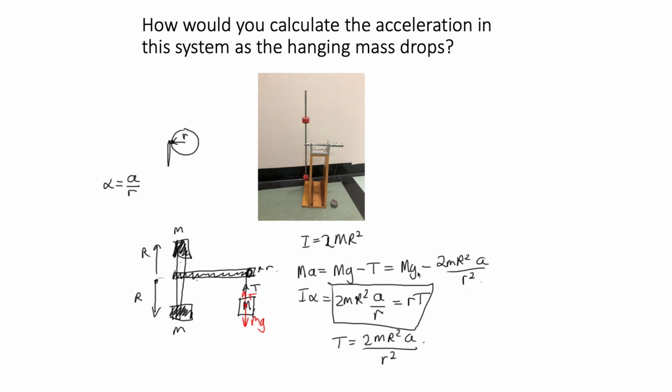So we want to rearrange this to get the acceleration, so we'll move this over to the left hand side, and we've got M plus 2mR squared on r squared, times a, is equal to Mg. And so we've got the acceleration is equal to Mg over M plus 2mR squared on r squared.